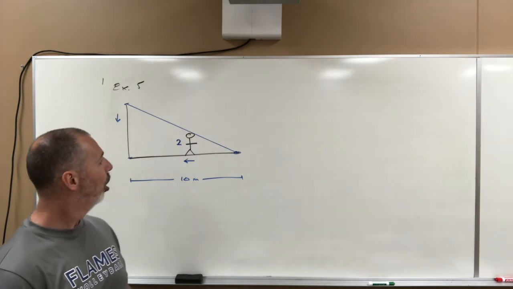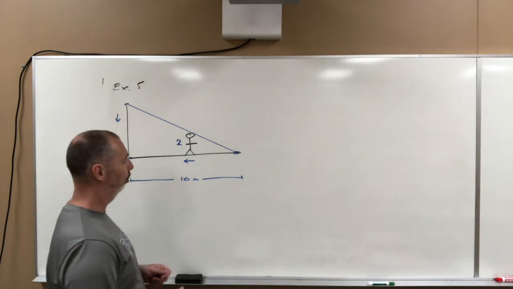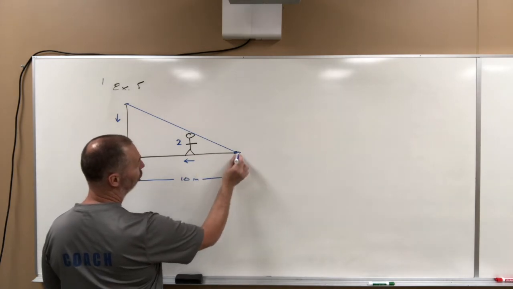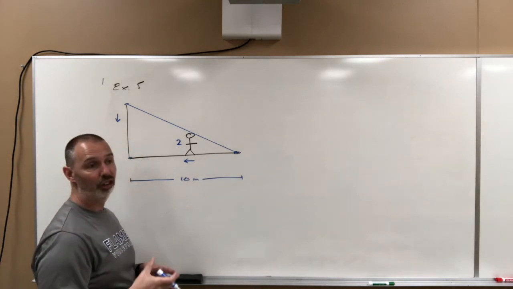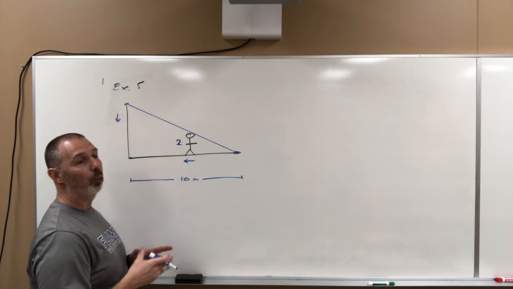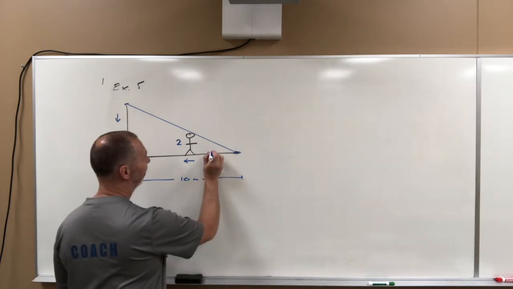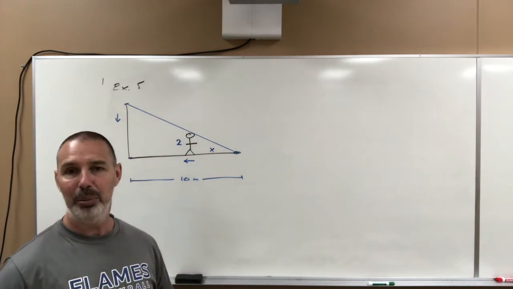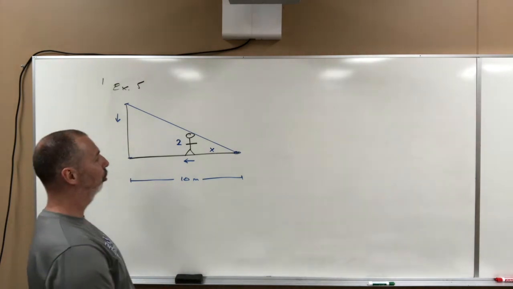All right, so we need to introduce some variables. The distance between the spotlight and the man is what's changing at a rate, so we need to set that up as x, or y, whatever variable you want. I'm going to use x again because it's horizontal and the x-axis is horizontal.